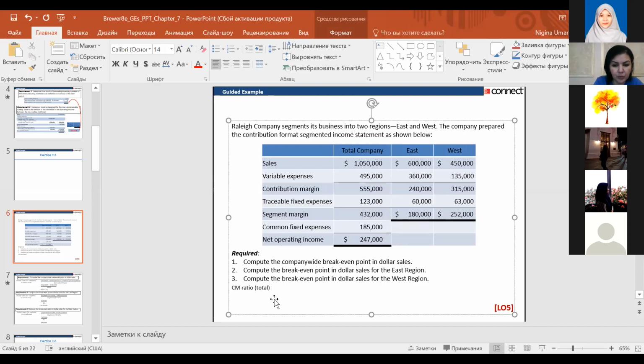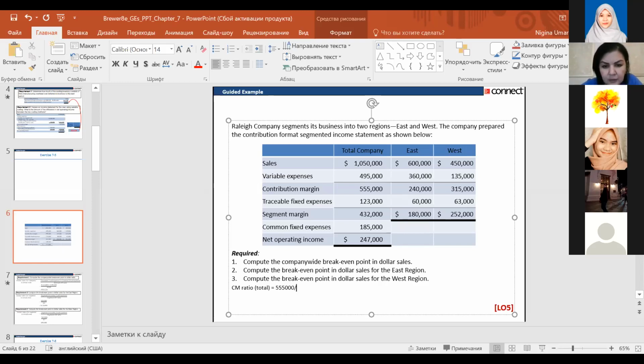So what should I do with these values? How can I calculate? Contribution margin divided by selling, yeah, very good. So 55,000, let's divide by total sales, by sales revenue, right?